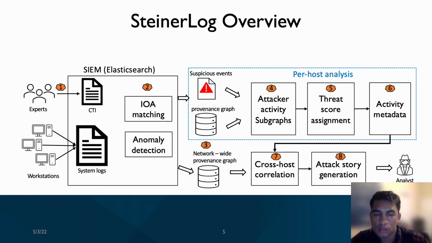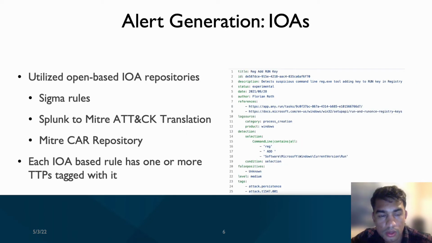When the threat score of one such subgraph exceeds a given threshold, we extract metadata from the subgraph such as the users, host, and the time period, and start the exploration on the user-host interaction graph. By correlating the movement on the user-host interaction graph with the individual subgraphs on different hosts, we can come up with a global attack story. So let's start with the alert generation.